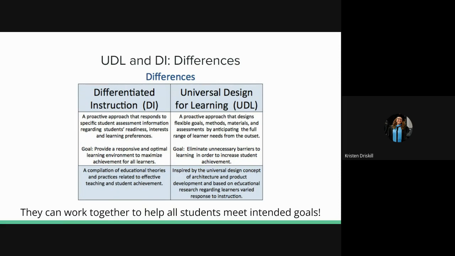Whereas differentiated instruction, the goal is to provide a responsive and optimal learning environment to maximize achievement for all learners. So we're still looking for students to be successful in the classroom, but one, we consider those things before we plan, and the other, we plan first and then make accommodations for it.